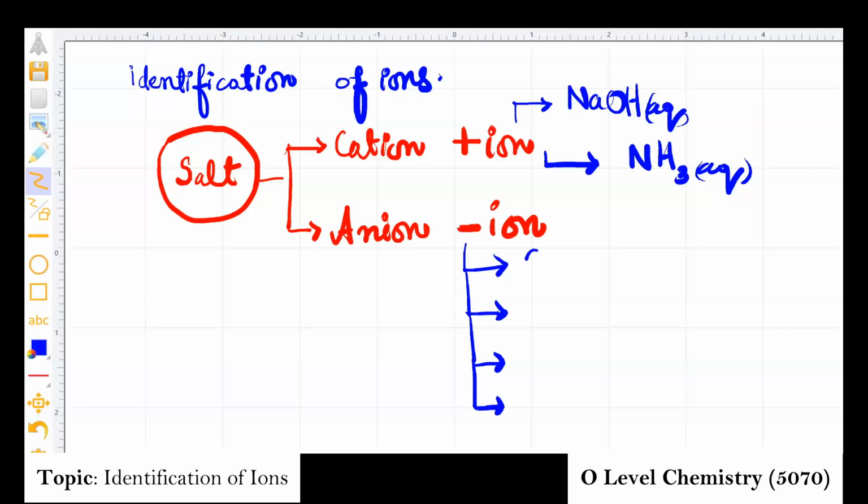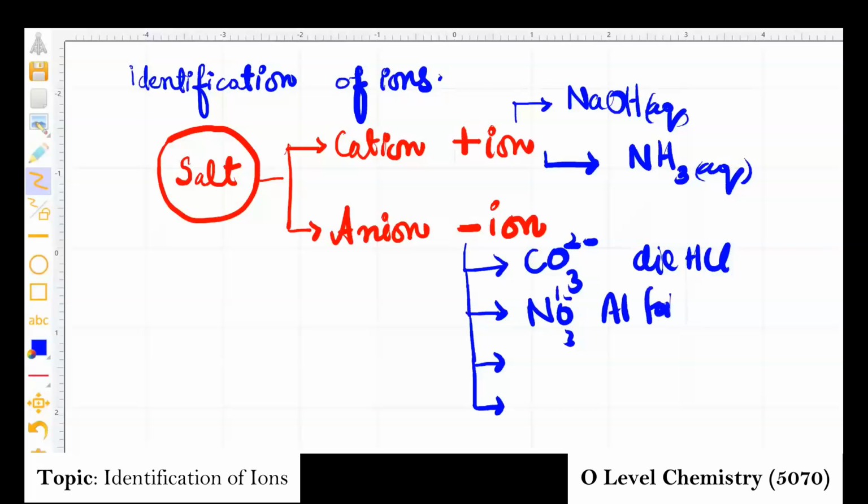For example, for carbonate, we use dilute HCl. For nitrate, we use aluminum foil and sodium hydroxide, aqueous. For sulfate, we use barium chloride and barium nitrate.